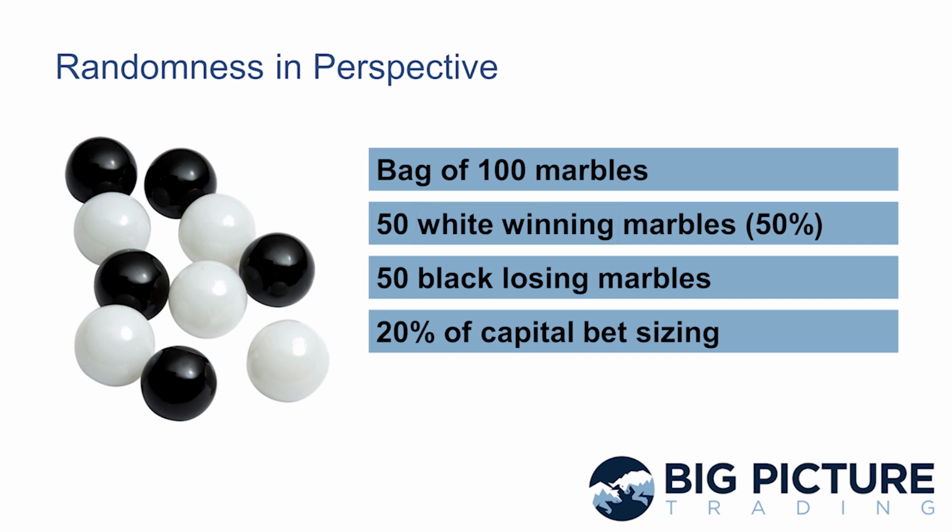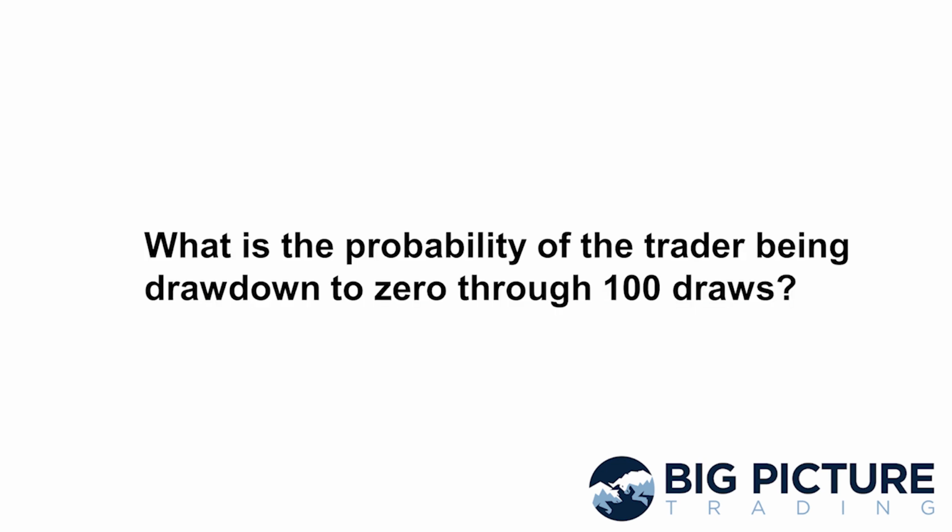So you're playing simply a 50-50 probability. What I'm trying to capture here is the probabilities of a sequential series of losing trades that creates what we call in the trading world a drawdown.